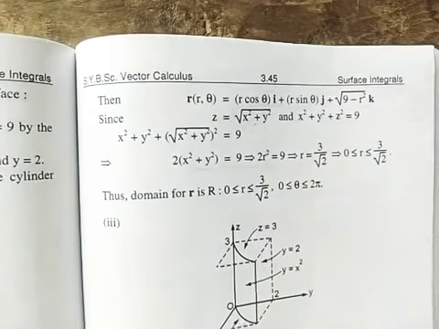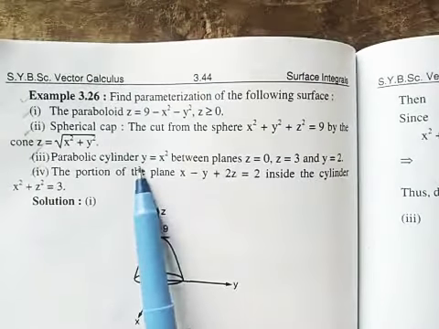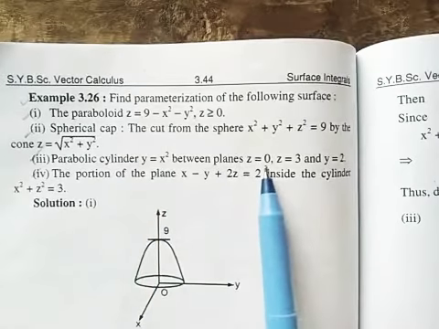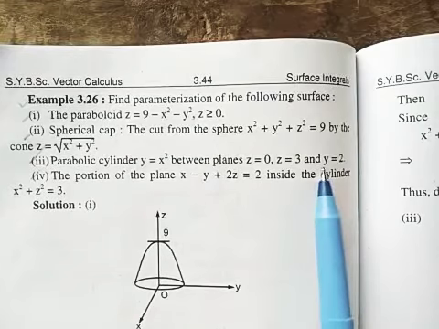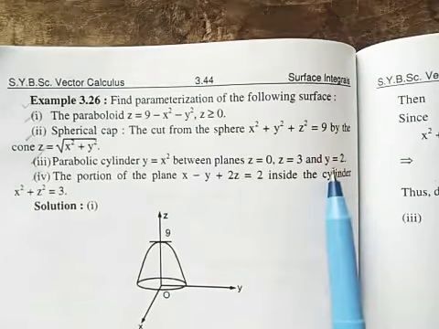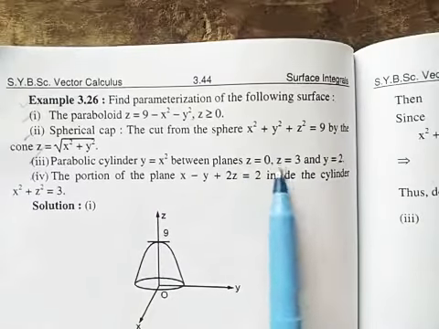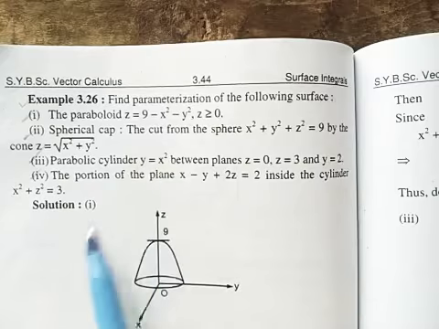Now third, what is the third surface? Parabolic cylinder, y is equal to x square, between planes z is equal to 0, z is equal to 3, and y is equal to 2. Okay. So for that, these three planes are given, and again the equation of the cylinder is y is equal to x square.